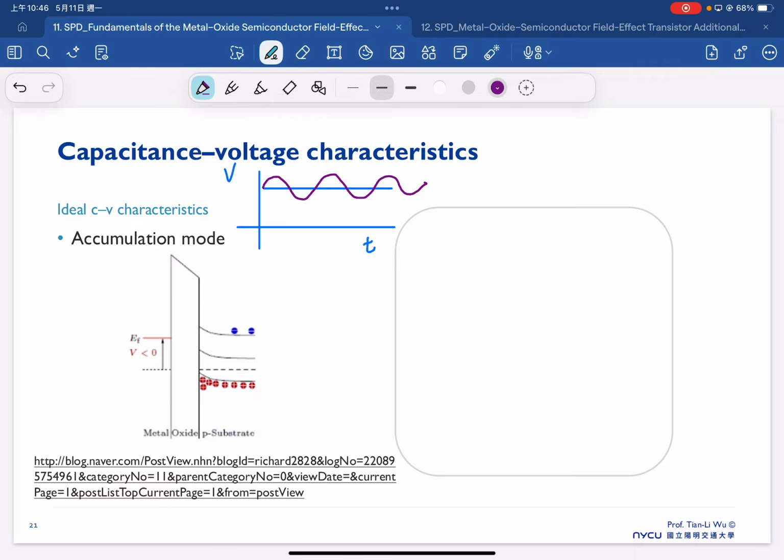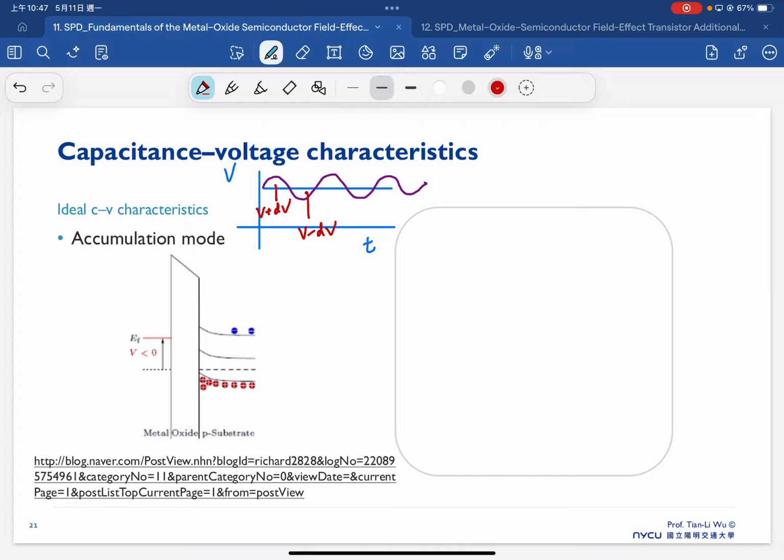And this up and down additional signal will cause an amplitude difference. At this region, we might have V plus dV. At this region, we will have V minus dV.